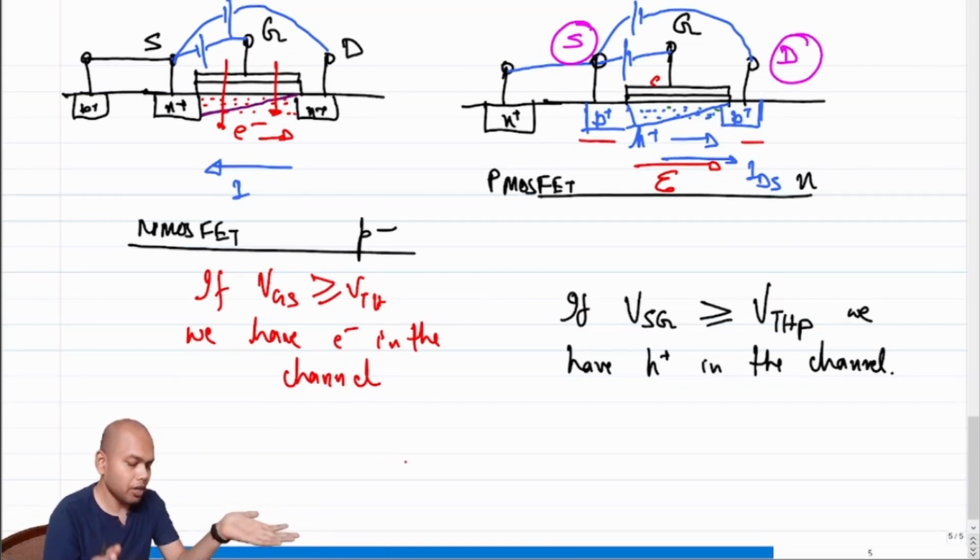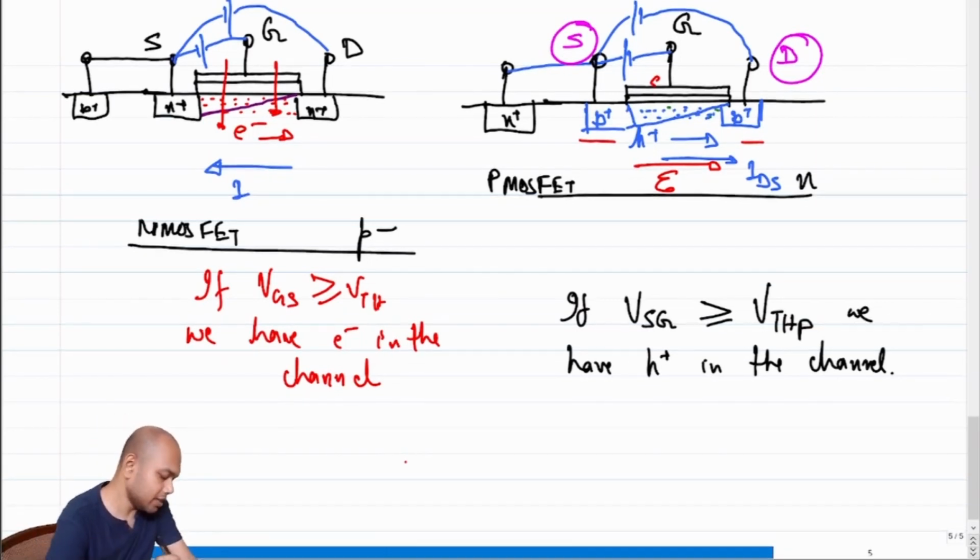The same thing happened in case of an NMOS transistor. So what we are doing is trying to draw an analogy between an NMOS and a PMOS transistor. The only other thing that we need to address is that in case of a PMOS transistor, the body needs to be of N type. However, in case of an NMOS transistor, the body needs to be of P type.